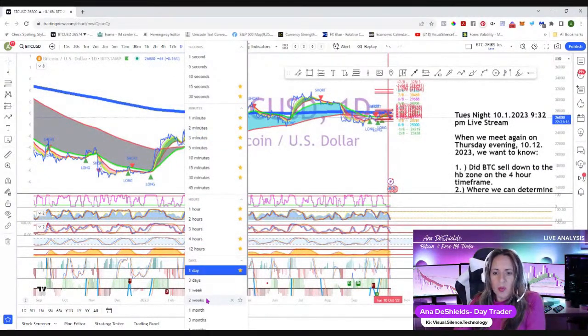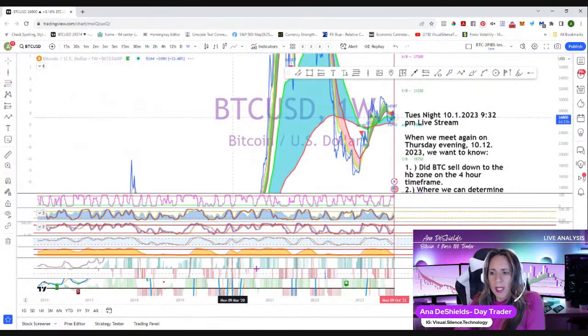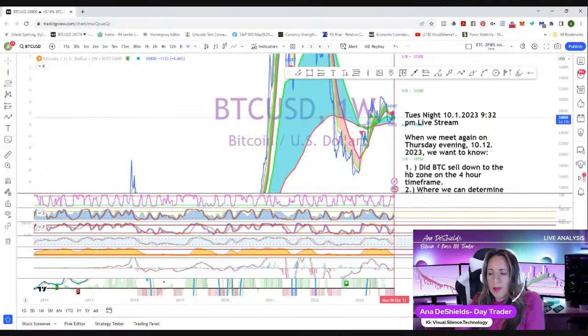Let's look at the week. What does the week look like? On the week we are actually buying up, even though we're not moving up that much. We are up in the buying momentum back up. So that's what's on the future forecast.